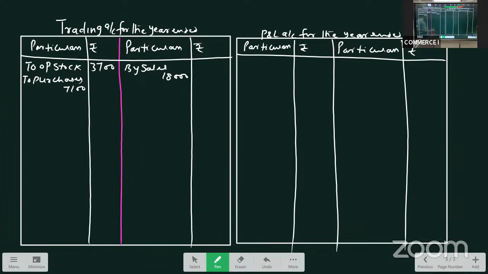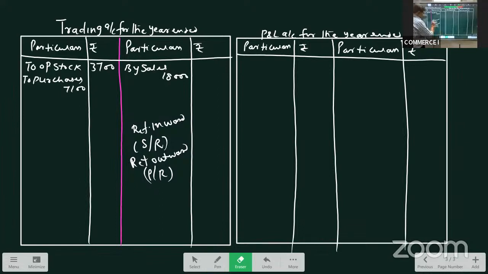Then return inwards. What is it given? Return inwards means sales return, and return outwards means purchase return. So return inwards are to be deducted from sales and return outwards are to be deducted from purchases.